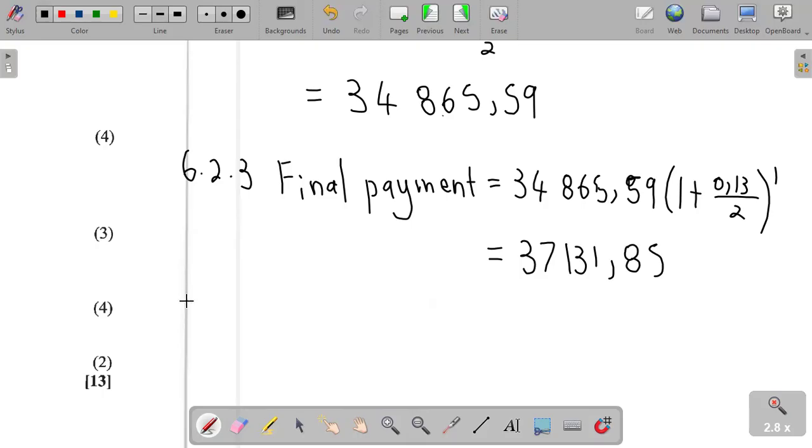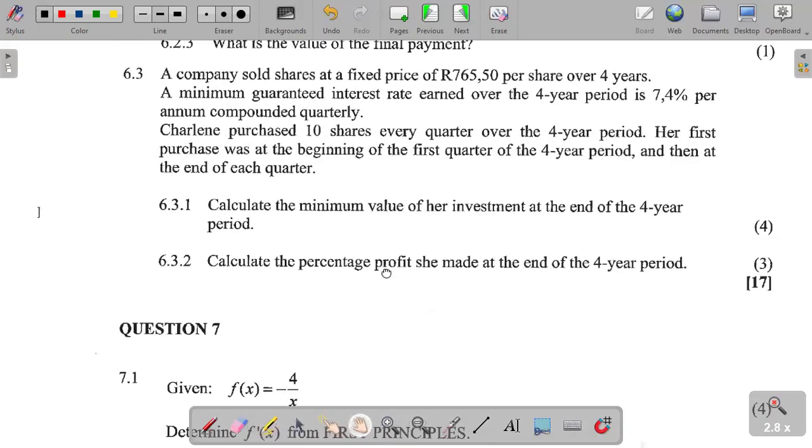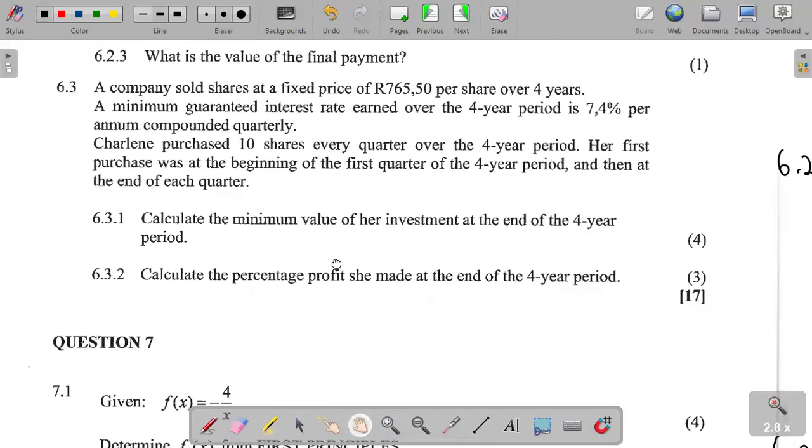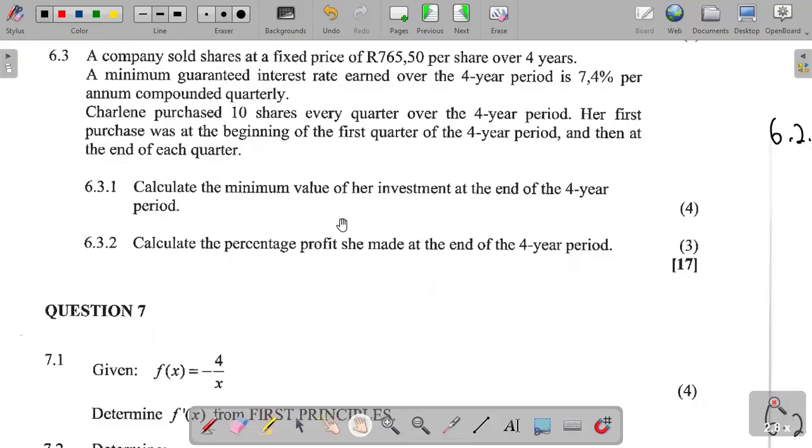Then we move on to 6.3. So now for 6.3, they say a company sold shares at a fixed price of 765 rand 50 cents per share over 4 years.